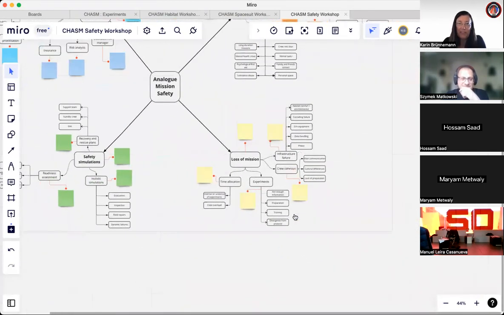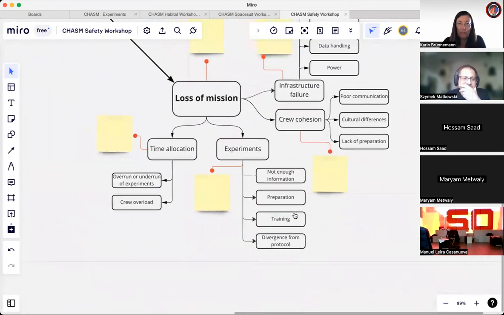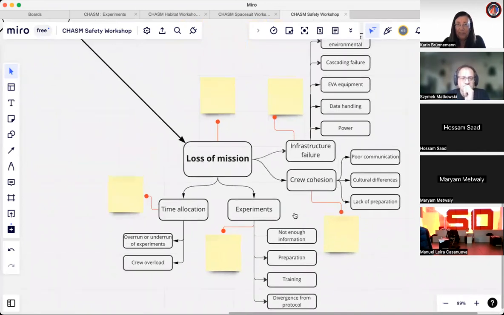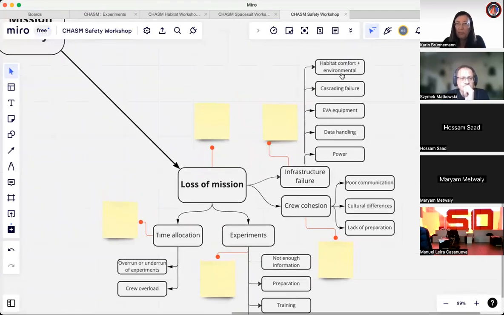Should we look into this area, loss of mission, which is basically, we said, infrastructure failure. Maybe we have a power cut, or the data can't be handled anymore from the experiments and from the transmission data from the EVA, from the analog astronaut EVA equipment, cascading failure.